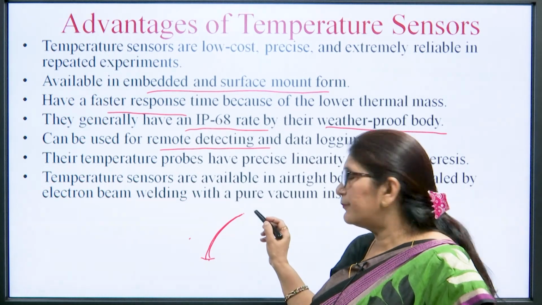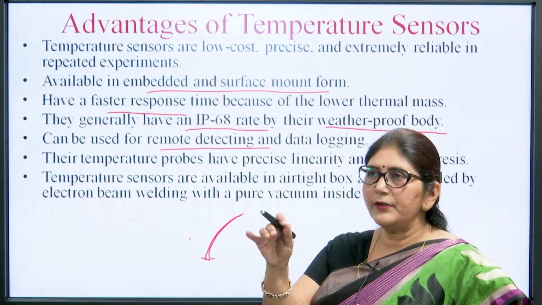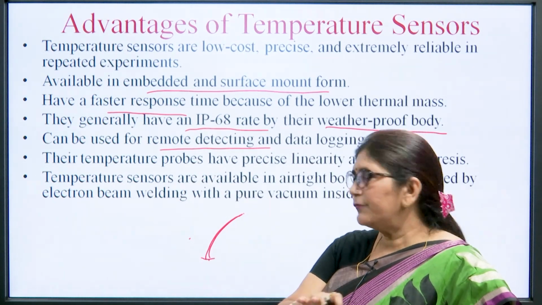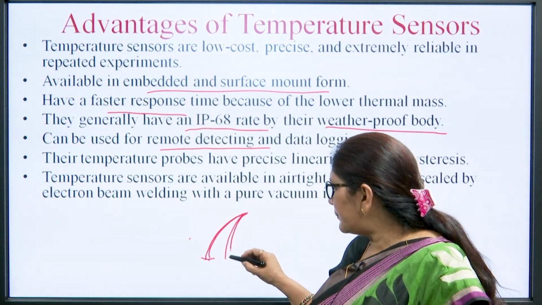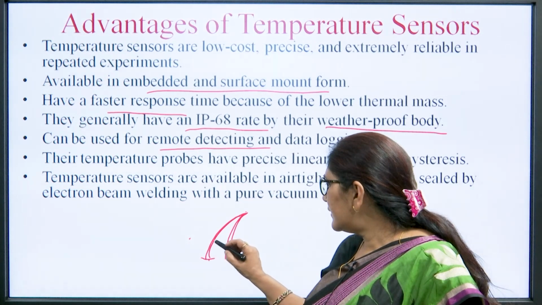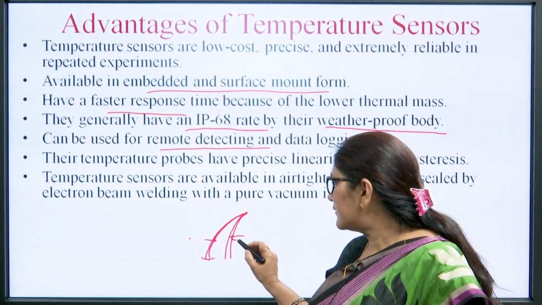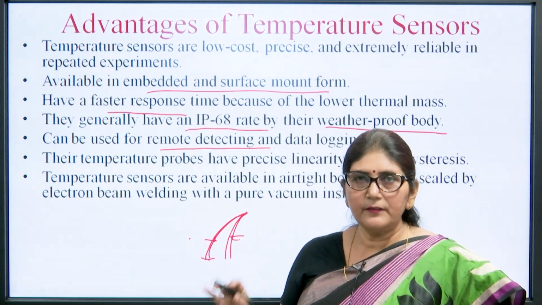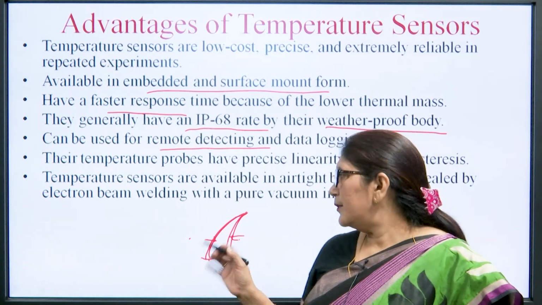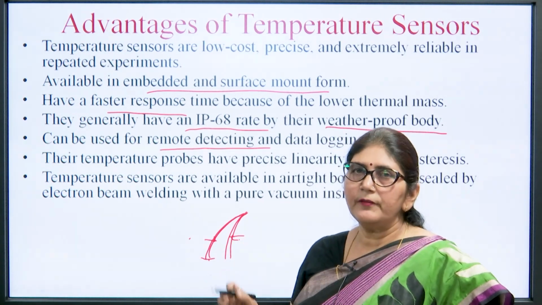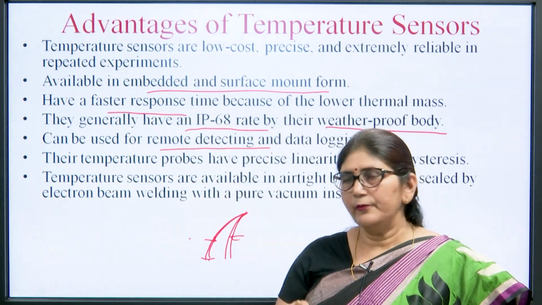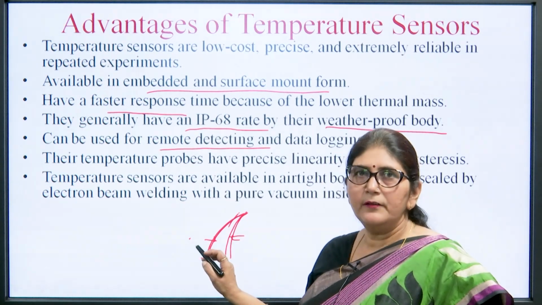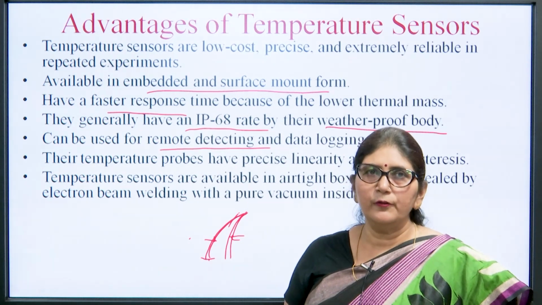And when we measure the temperature as it is reducing from high to low, it will follow a different path. This difference is known as hysteresis. So, less hysteresis is there in a temperature sensor. A temperature sensor follows the same path whether it is measured from low to high or high to low. So, hysteresis is also low.